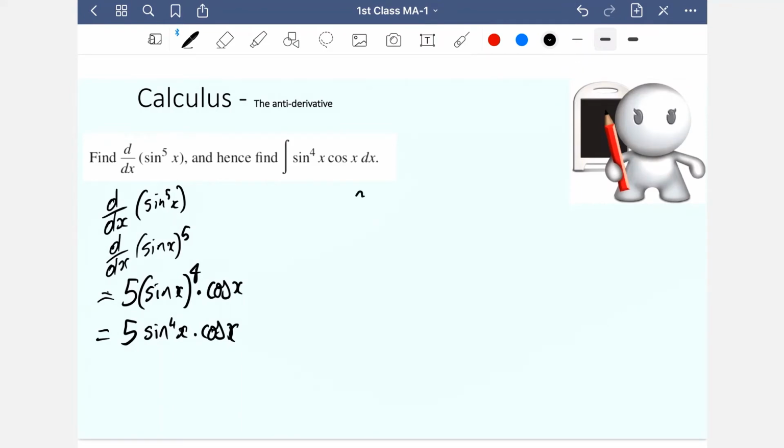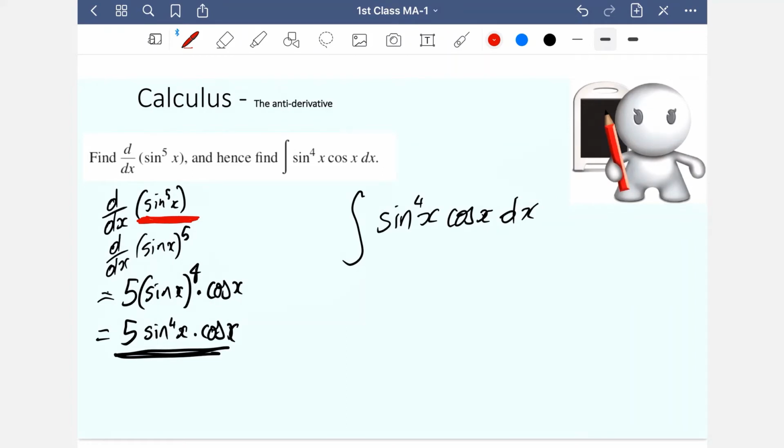Now we're being asked, well, what's the integral of sine to the power of 4 of x cos of x with respect to x? Now I know, based on this, that the integral of that is going to lead me to sine to the power of 5 of x.